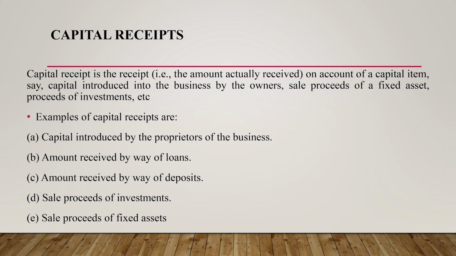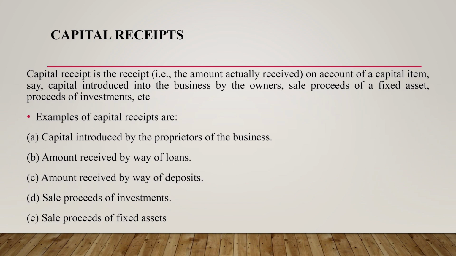Then, amount received by way of loans. Do we repeatedly borrow loans for the purpose of business? No. It is non-recurring in nature, so the amount received by way of loan is considered as capital receipt. The amount received by way of deposits is also considered as capital receipt.